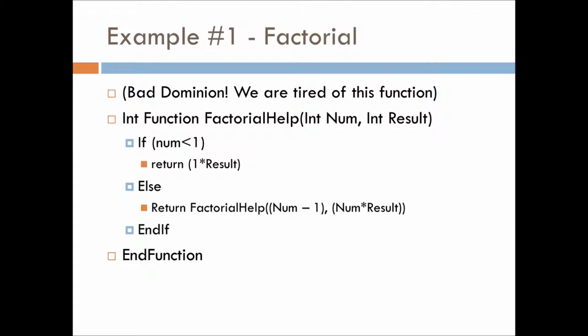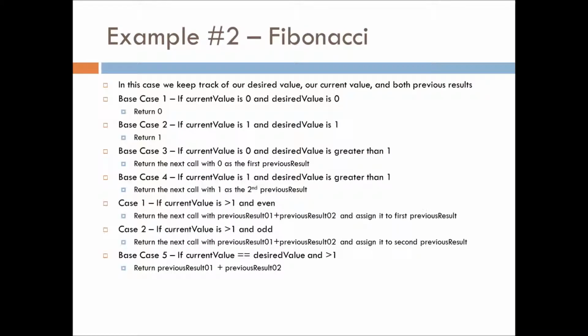Otherwise, you're going to reduce your number, and then you're going to do the number times the result. This current implementation that we have on the screen, and we'll see in the script file itself, has one bug for the result, but we'll get into that in the live coding.